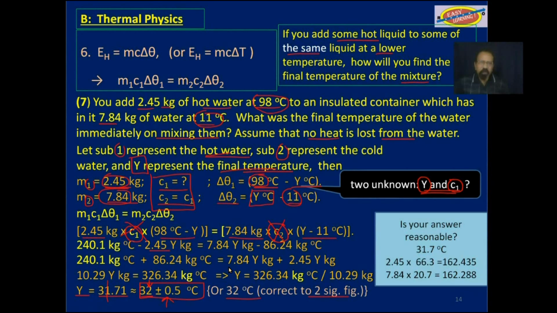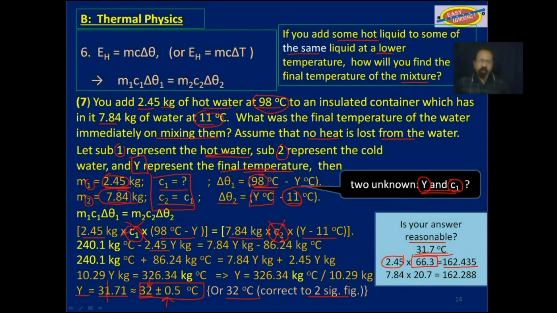It is good to check your answer to see if it is reasonable. Now, if we say that the final temperature is 31.7 degrees Celsius, we subtract 31.7 from 98 and we get 66.3. We multiply that by the mass and we get this amount.